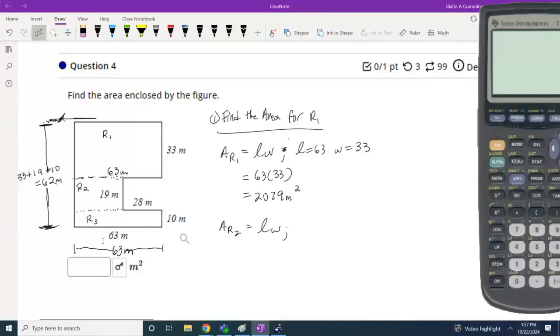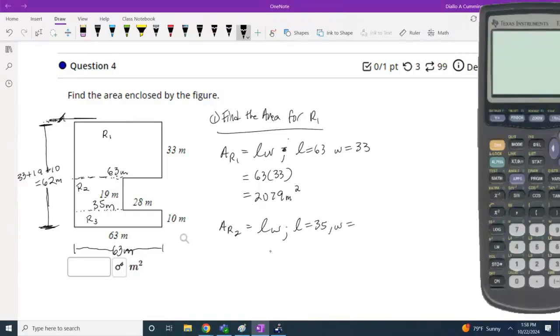Well, keep in mind that if the total length is 63, and this length is 28, I can simply subtract 63 minus 28. That's going to give me 35, right? Because 35 plus 28 gives me 63. So for my second rectangle, the length is equal to 35.